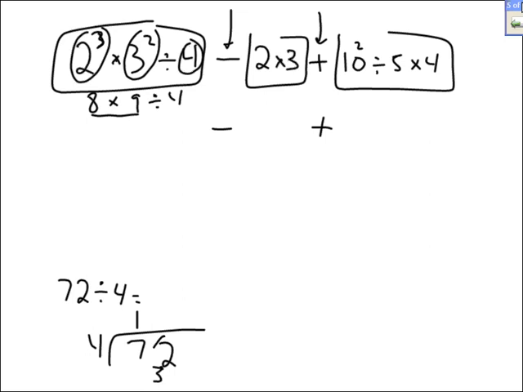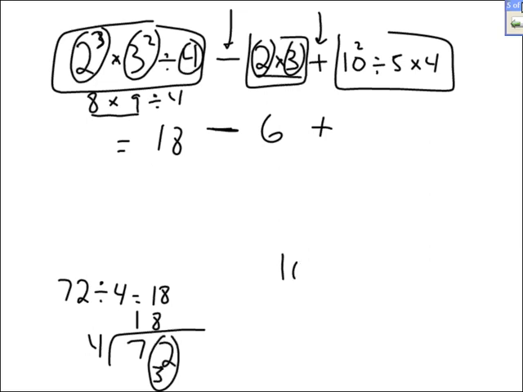And 4 into 32 is 8. So it's 18. The first term is 18 minus 2 times 3. Well, I know what 2 is. I know what 3 is. Multiply it, you get 6.